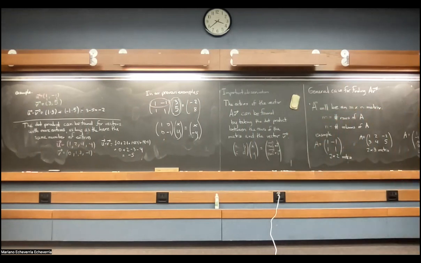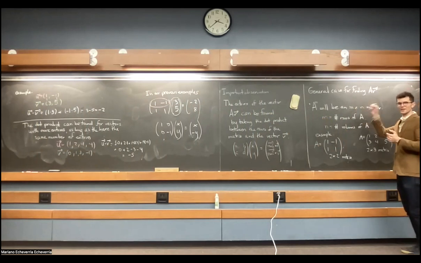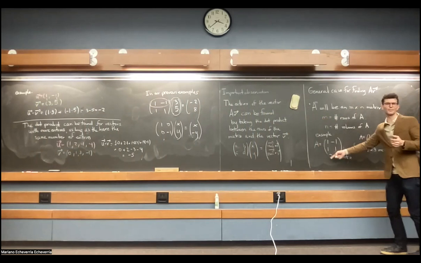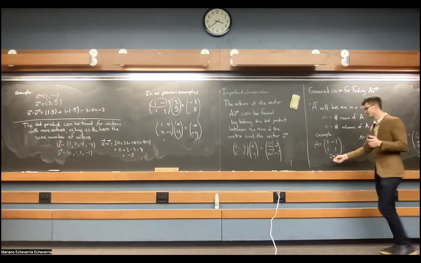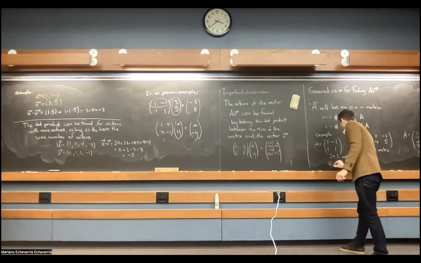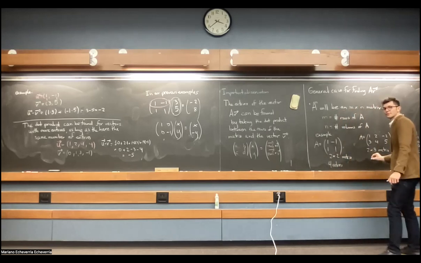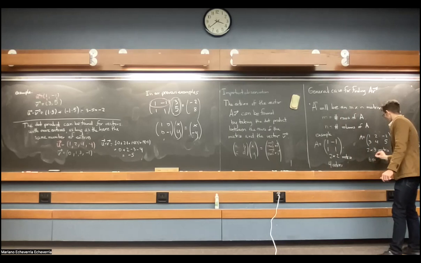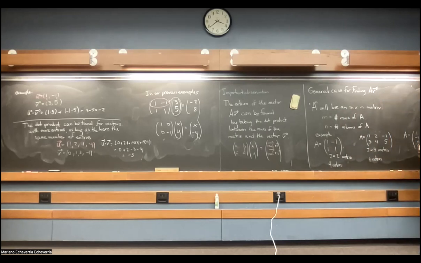And it is a good name for this because the number of entries each matrix has is literally the product of these two numbers, right? So this one has 4 entries. This one requires 6 entries, right? And this one requires 12 entries.